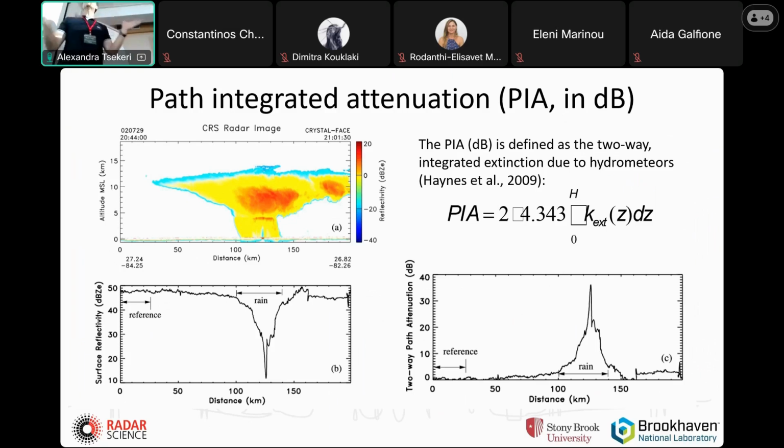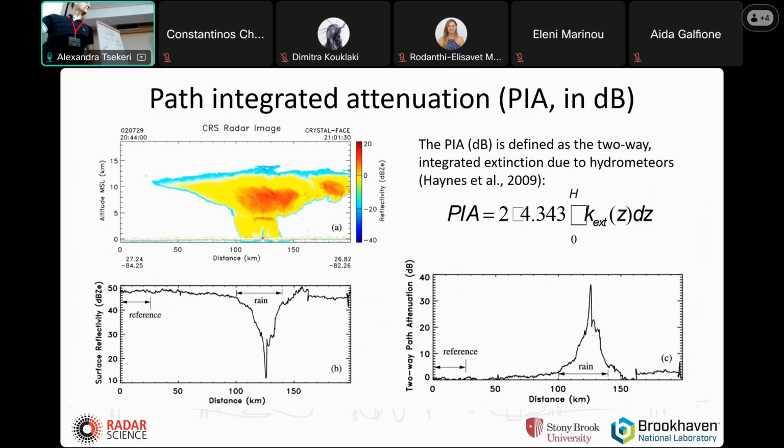And Alessandro will be the first to tell you this is an incredible amount of information which you can't get from the ground unless you have something very sophisticated. This is basically the total extinction that the radar will experience once it goes from the top of this cloud all the way to the surface, two ways, because it has to come back to the satellite. So this gives you the total extinction, which we call path integrated attenuation, total attenuation.